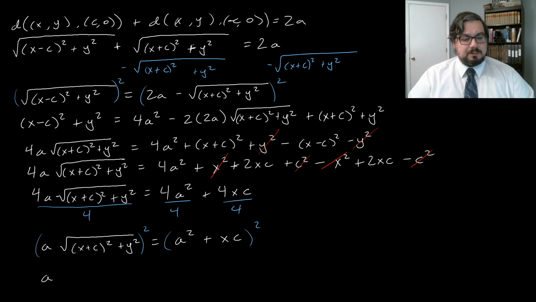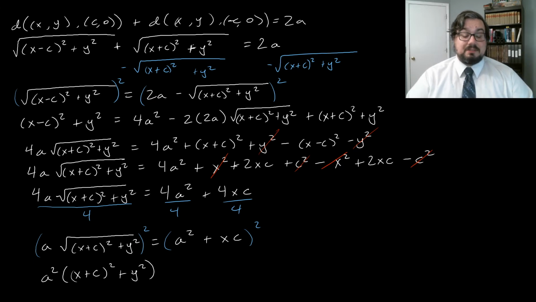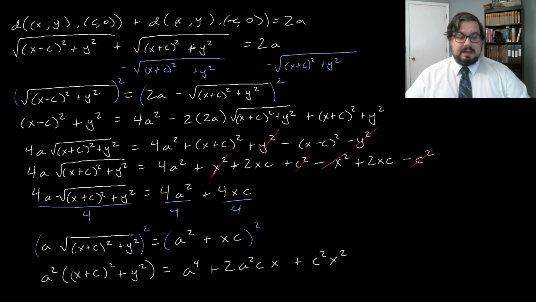So on the left, we'll square the a, we'll get a squared, and then that'll be multiplied by (x plus c) squared plus y squared, because the square on the outside and the square root will cancel. And then on the right, we'll have to expand this out. a squared squared is a to the 4th, and then we'll have plus 2a squared cx, and then plus c squared x squared.